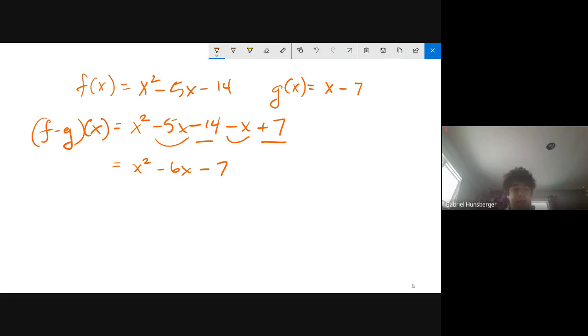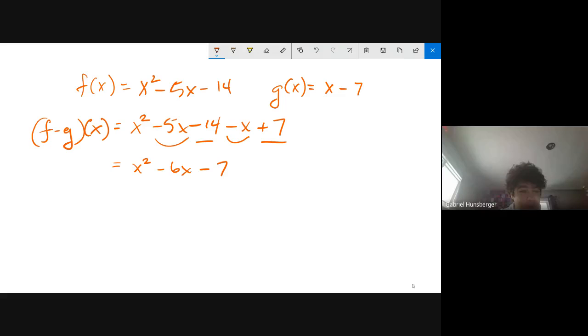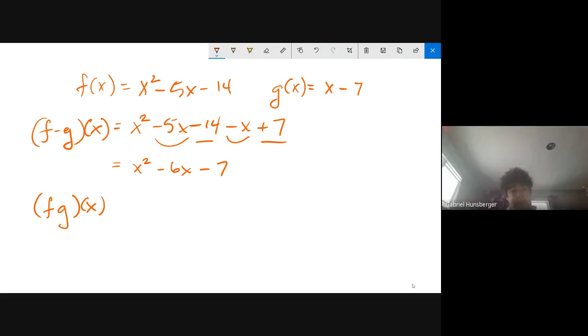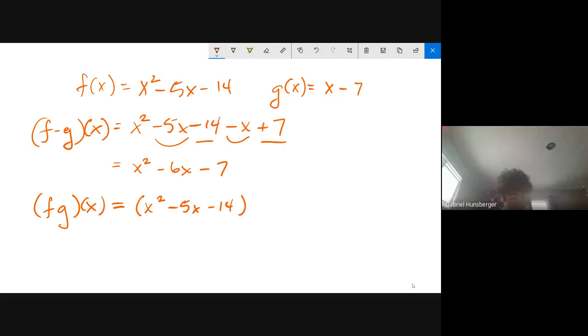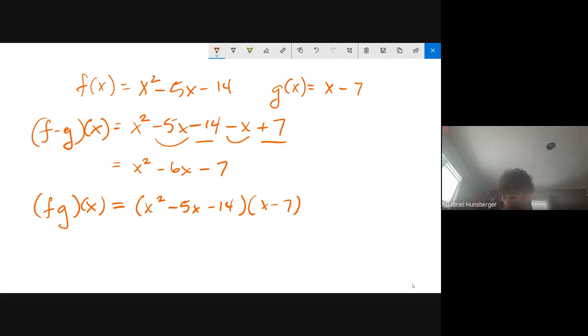All right. And then I had the same problem with the multiplication. Is it the same function? Yes. So they'd probably write it like fg of x. So just use parentheses. You can put x squared minus 5x minus 14, and then do parentheses again, x minus 7.